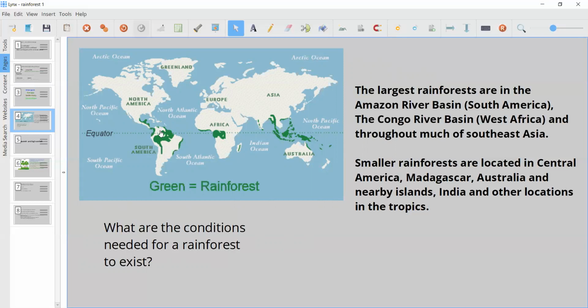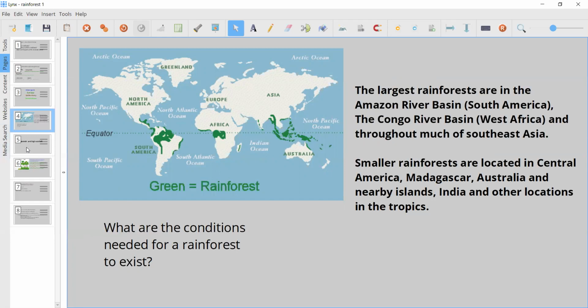So it's a huge space of land. In Africa, you find the Congo River Basin, where there is a rainforest. And here in places like Indonesia, in the North Pacific Ocean, you find an Indian Ocean, you would find the other rainforests there. So tropical places.